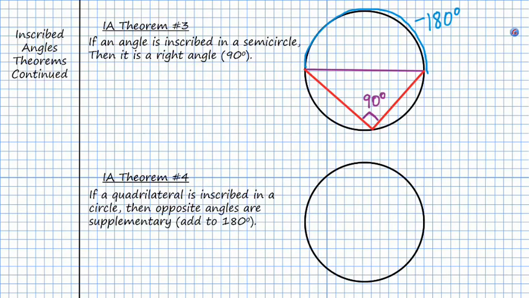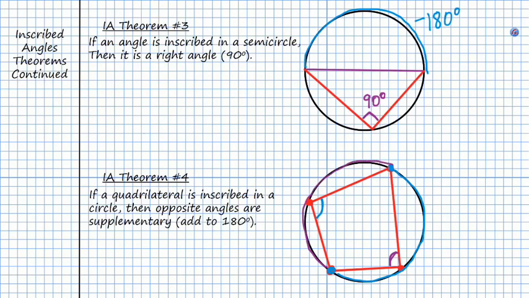All right, and then theorem number 4, if a quadrilateral is inscribed in a circle, then opposite angles are supplementary, or they add to 180. And again, this is going to make sense. If I choose these 2 points here and I'm talking about this angle, then that angle is going to be half of this arc, and then its supplement will be this side, and that will be this arc over here.